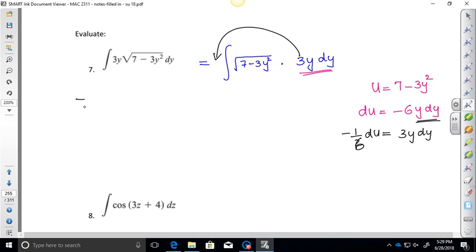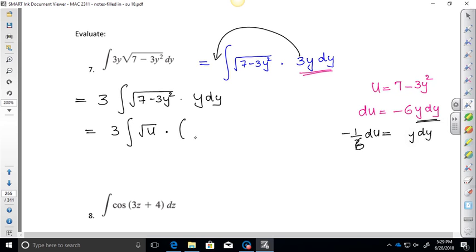So I can write this as 3 integral square root of 7 minus 3y squared times y dy. So now I'm solving for y dy. And that's going to be 3 times integral square root of u times negative 1/6 du. Okay, negative 1/6.